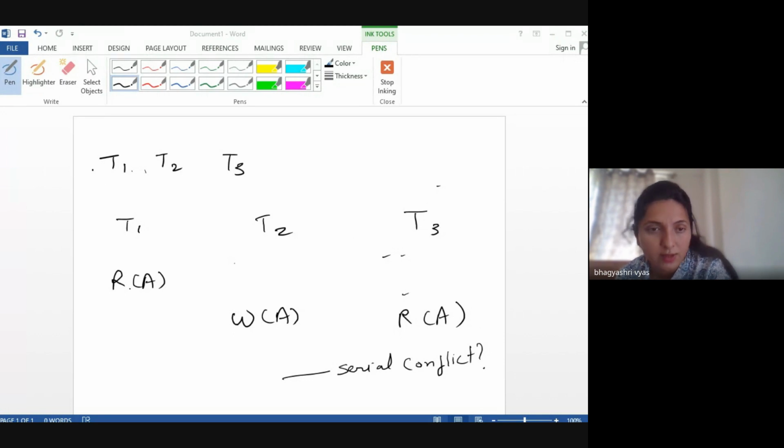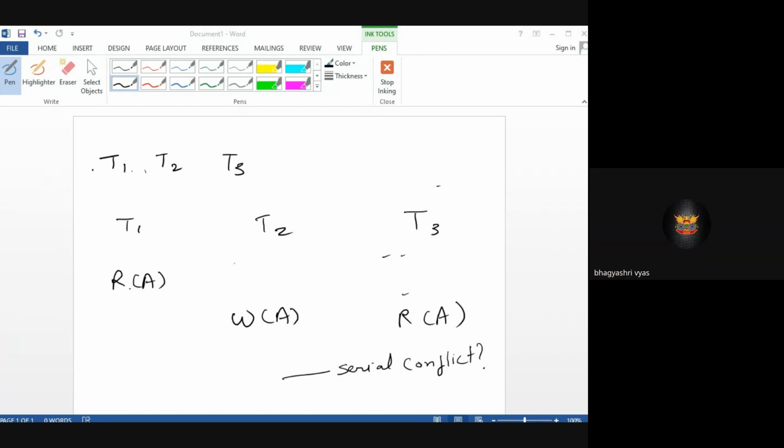Students, you are having these three, T1, T2, and T3. Can I say that a serial conflict will happen here? Is it conflict serializable or not?